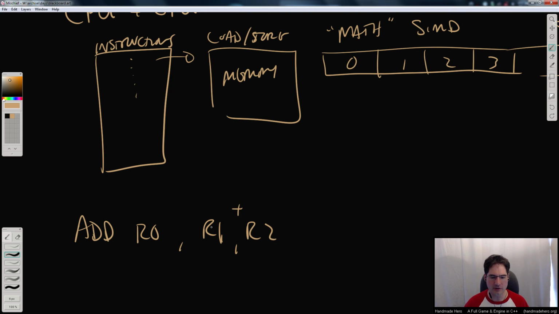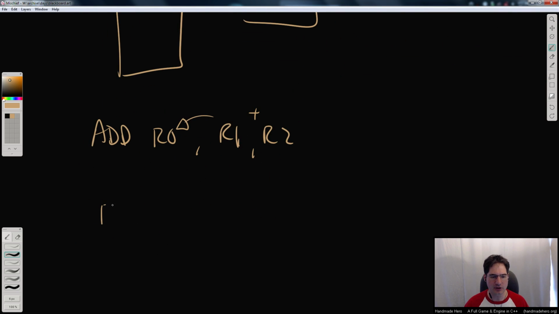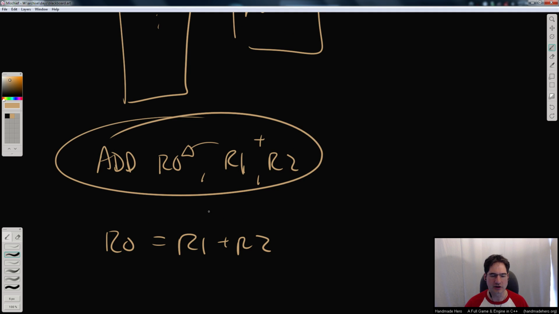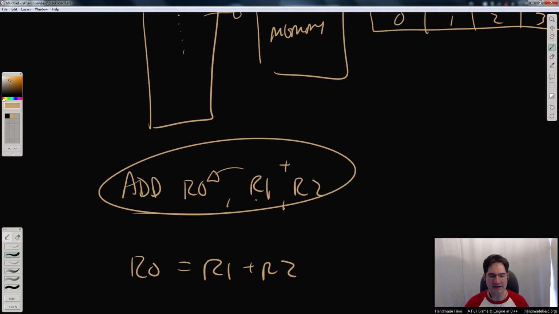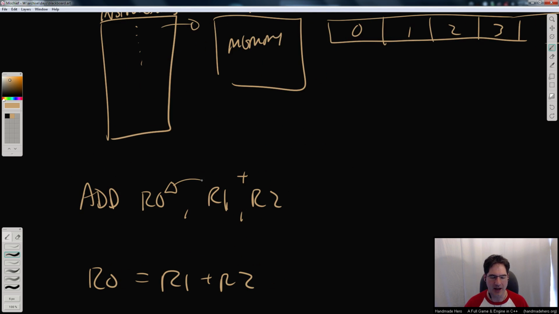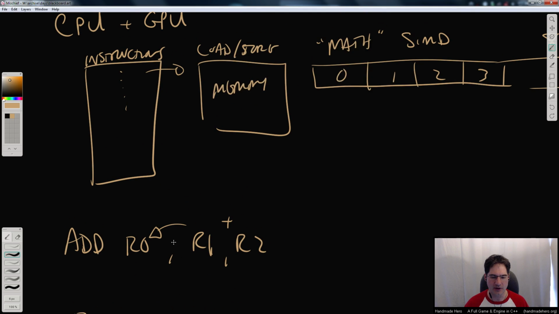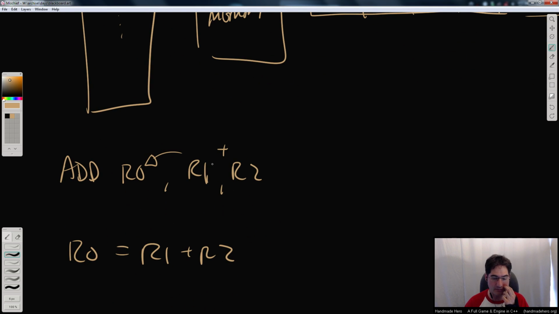So we want to do R1 plus R2 and put that in R0, which computes R0 equals R1 plus R2. This might be what's encoded in the actual processor, some bytes that encode the fact that we want to add these things. And these registers are just the smallest working set of things that the processor works on.